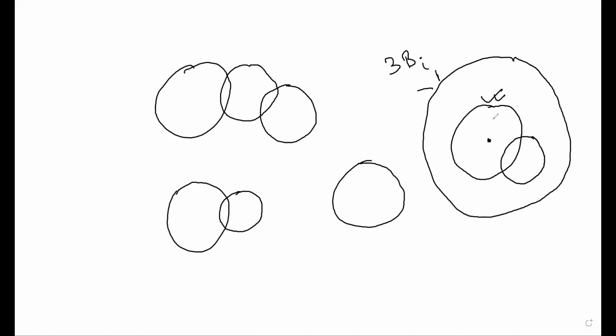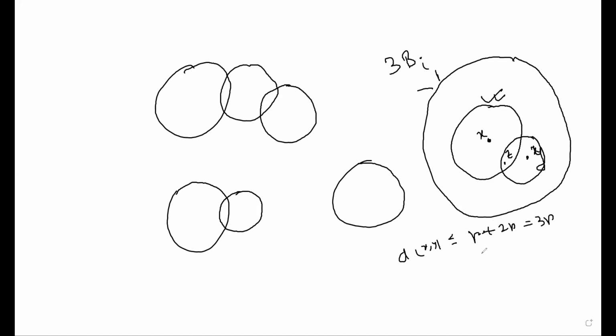So you can just directly show it. You can take any point here. Suppose this is y, and suppose this point is x, and take another point z in the intersection. Then just apply the triangle inequality, because d(x,y) is less than or equal to d(x,z) plus d(z,y). d(x,z) is less than or equal to r, and d(z,y) is less than or equal to the diameter of the smaller ball, which is just 2r.